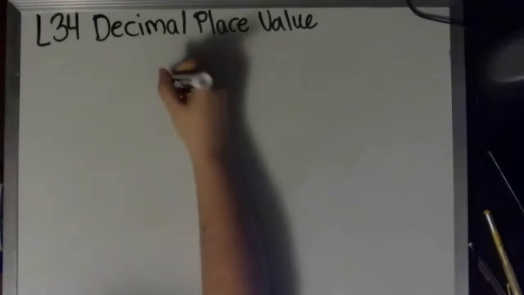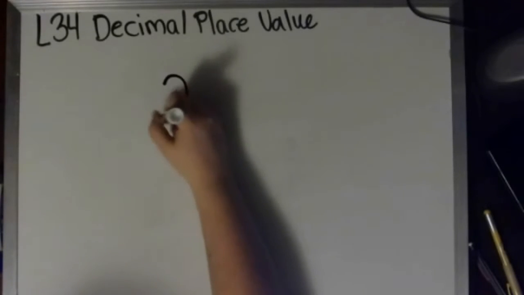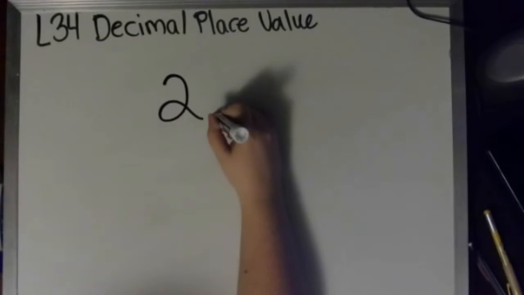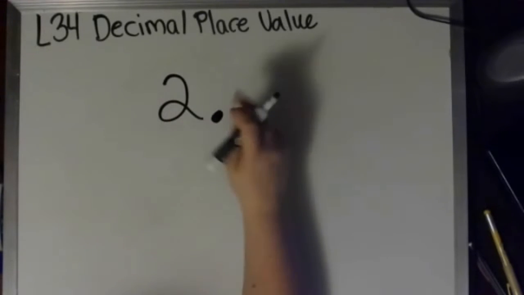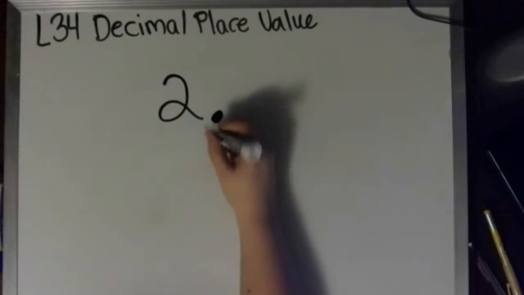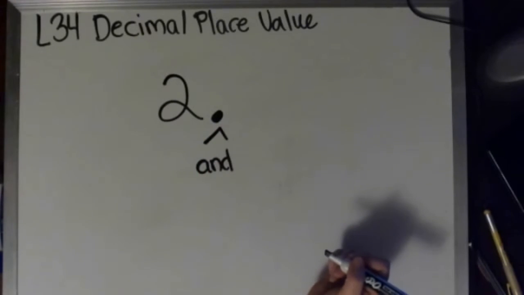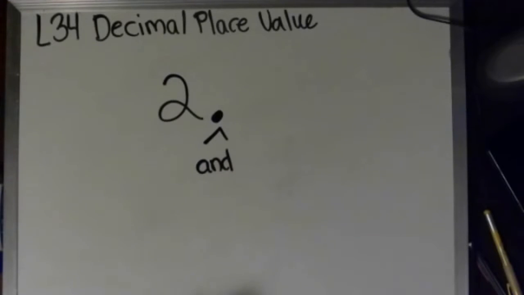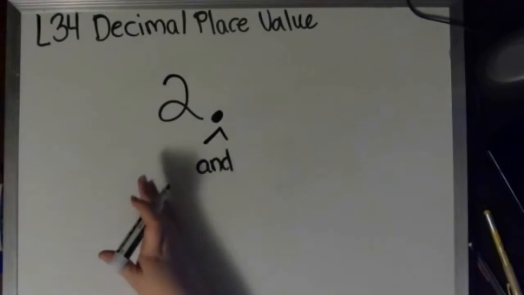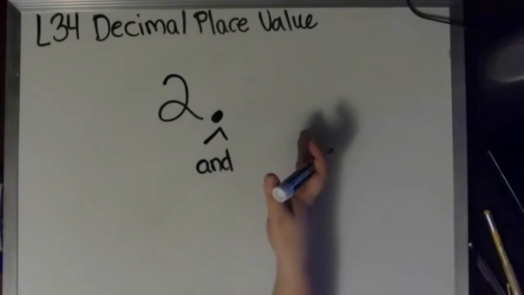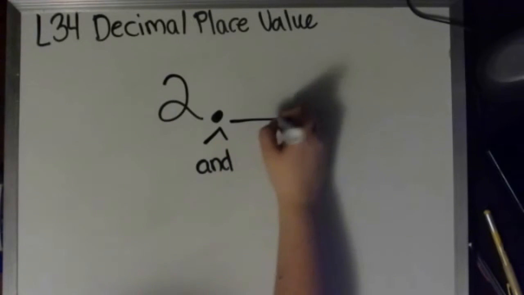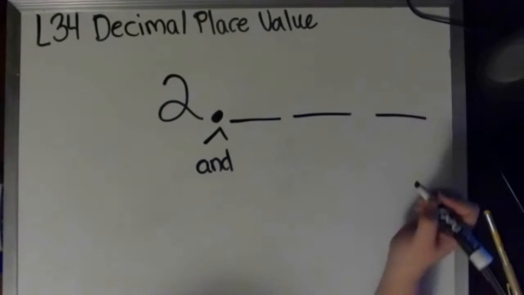So I'm going to give you a whole number to start with. That's in the ones column there. And then we have this decimal. Now, when you're saying decimal numbers, this decimal says "and." This is the time that you start saying "and" in a number. So 2 and something. Now, we're only going to look at 3 decimal places after the decimal.